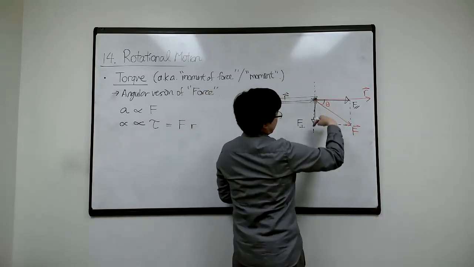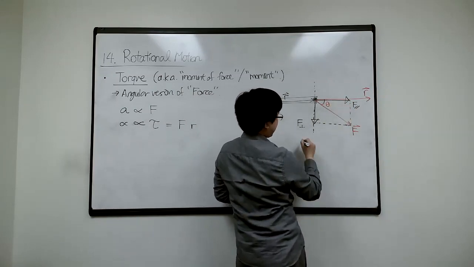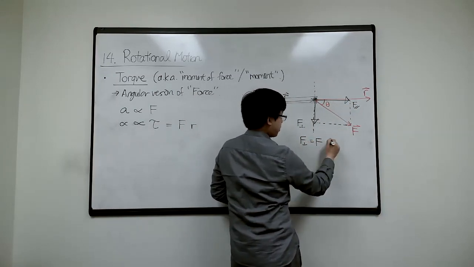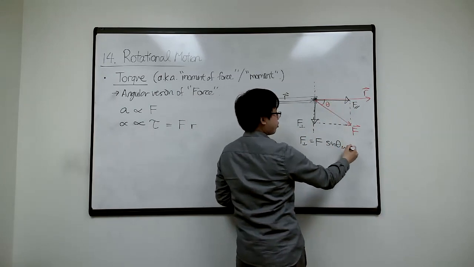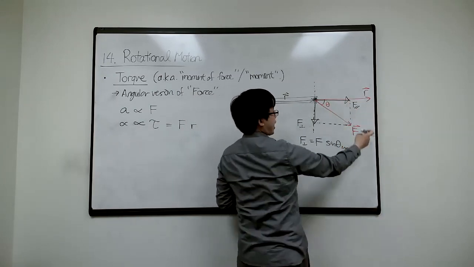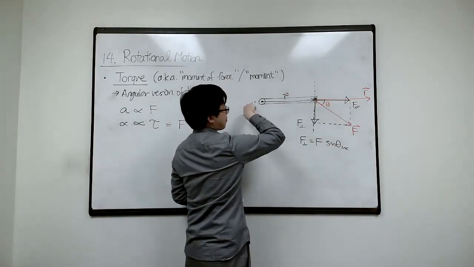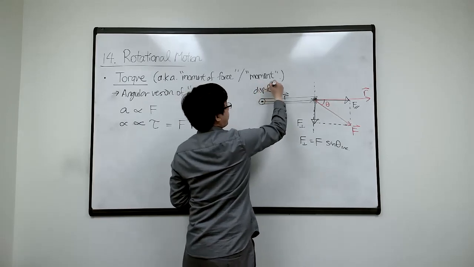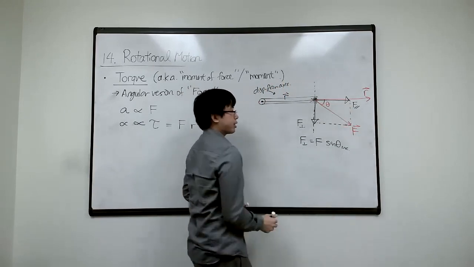Well, it's not the one that is sandwiching the theta, so this one is sine. So this is F sine theta, with theta being the included angle, included in R and F. So that's what we're comparing, the displacement vector from the axis of rotation versus the force, okay?